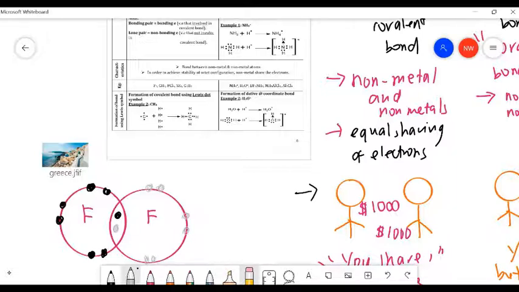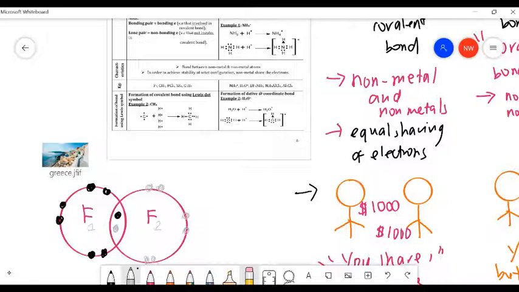As you can see here, the first fluorine, okay, share one electron dengan the second fluorine atom. The second fluorine atom also share one of his electron dengan the first fluorine. So, bila diorang both share, sekarang semuanya lengkap mempunyai 8 valence elektron.